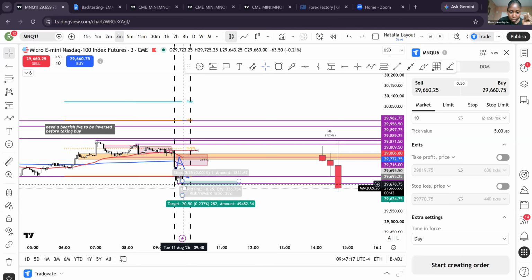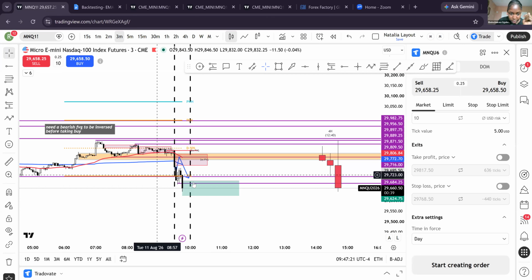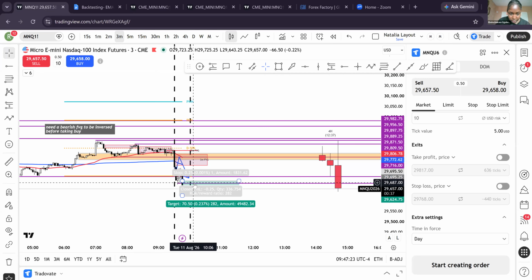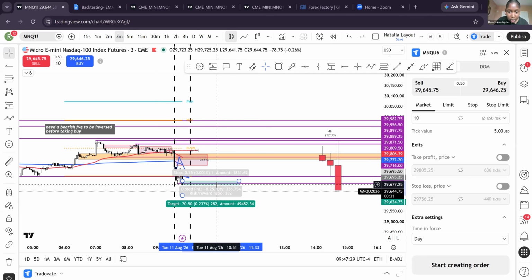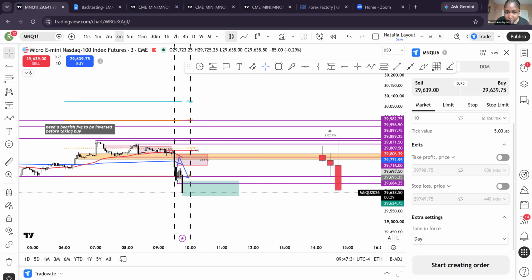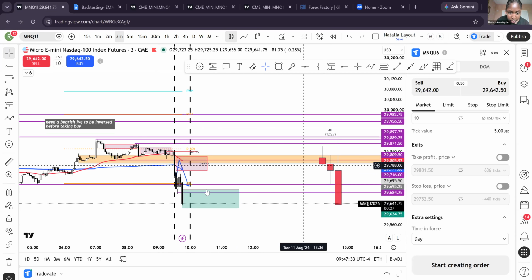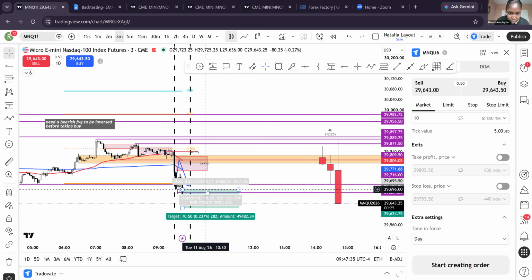So this is a one-to-one. Can you guys see that ratio? Risk to reward. Hold on, do I have this right? Oh yeah, this is about a hit. It says 282. This looks so weird to me.